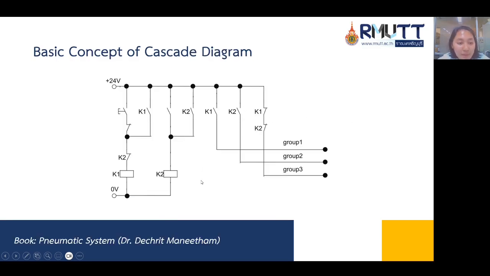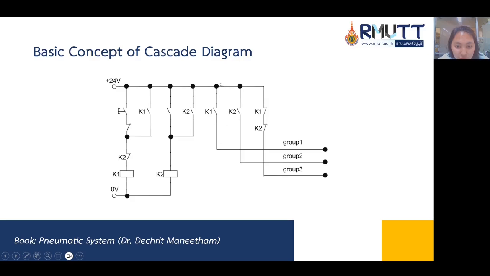And then this is the basic concept of the cascade diagram I took from the book on pneumatic systems by Professor Dekrit Manitam. This is the cascade diagram with three groups.